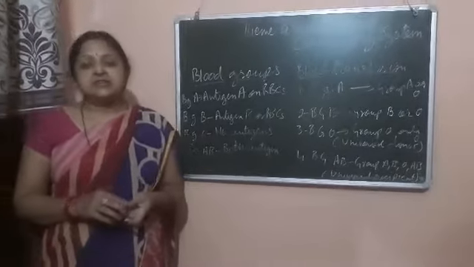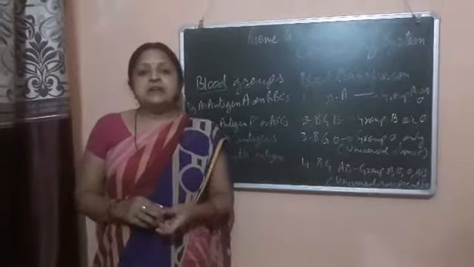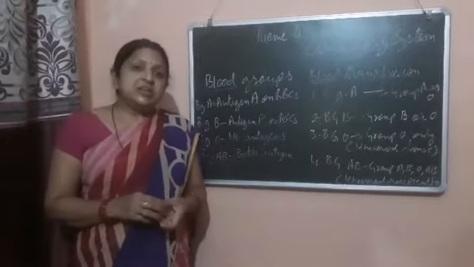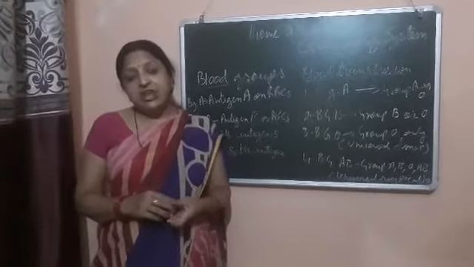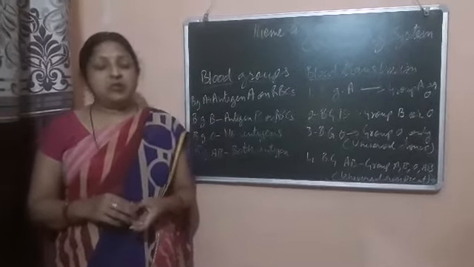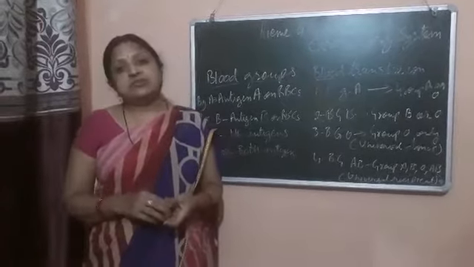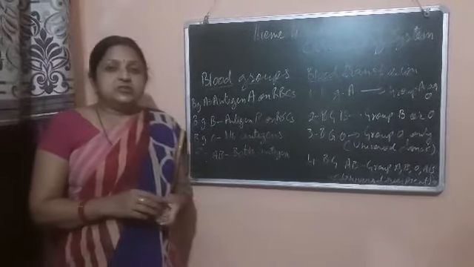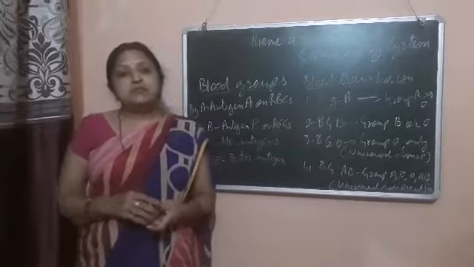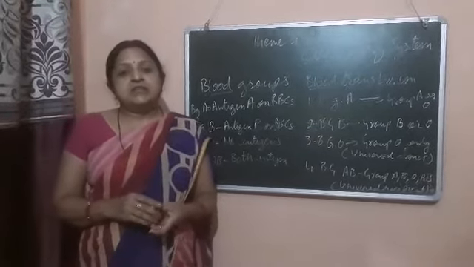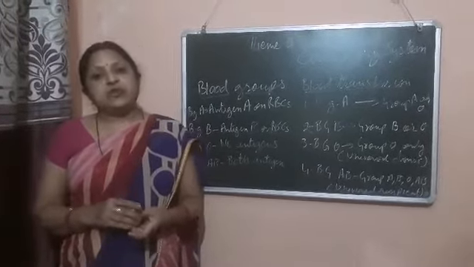In this chapter I am going to explain what is circulated, which material is responsible for the circulation, and which organ of our body is responsible for this circulation. Students, we all know that we take food, and in the digestive system this food is broken down.